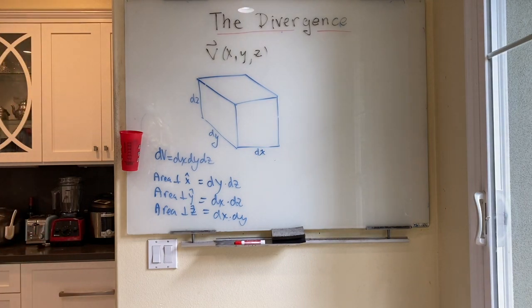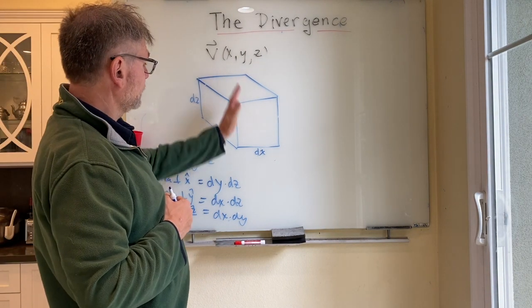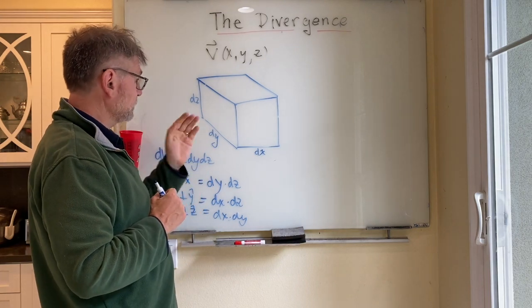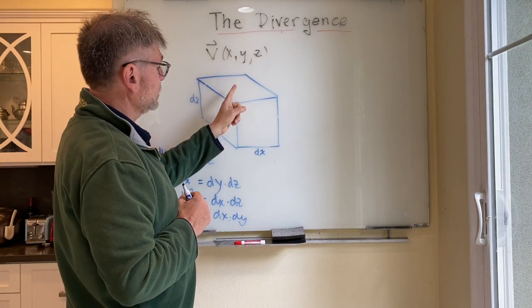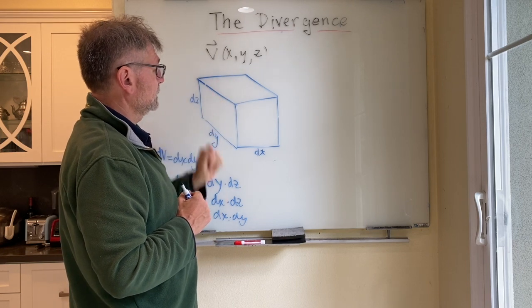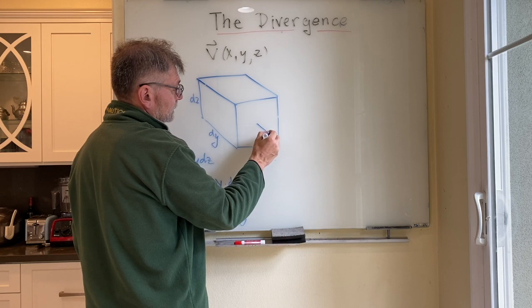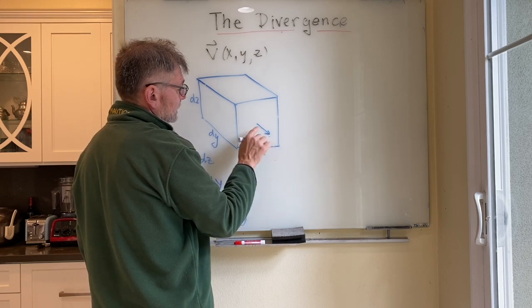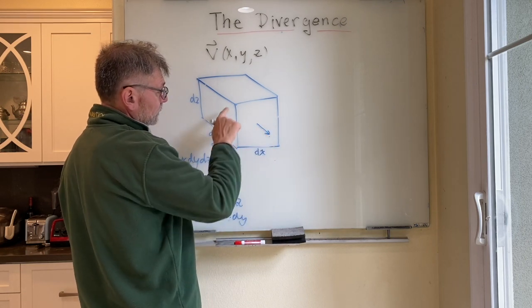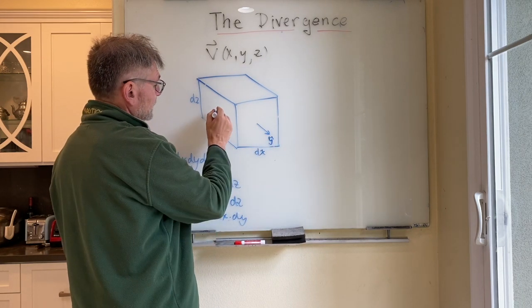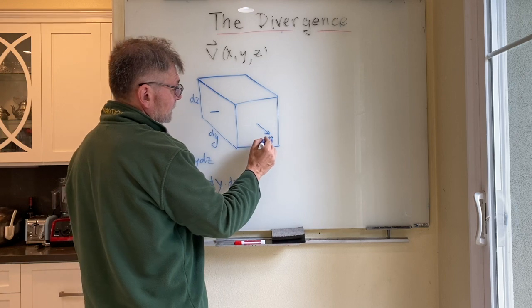And now we want to get the flux through all these surfaces, the outward flux, and so we want to take the vector v and dot it with the normal to each face. So we want to get the flow out through it. The vector pointing out of this face is minus y hat.